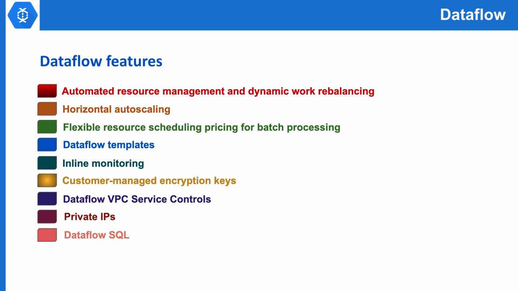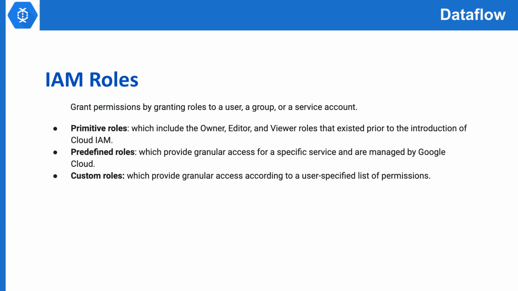Last is Dataflow SQL. We can create streaming Dataflow pipelines right from the BigQuery web UI. For example, streaming data from Pub/Sub and writing results into BigQuery, then building real-time dashboards. This simple solution can be easily implemented through Dataflow SQL. IAM roles. Google customers can implement security using IAM roles.